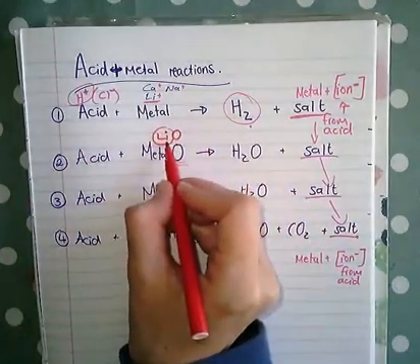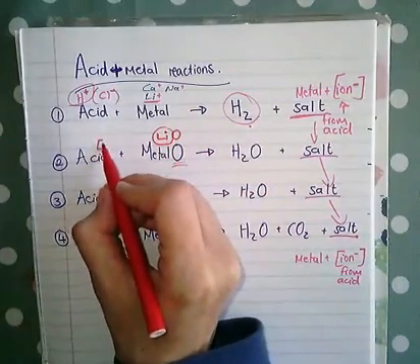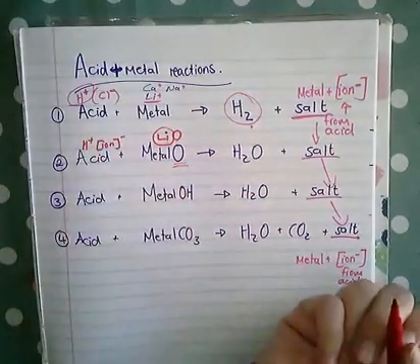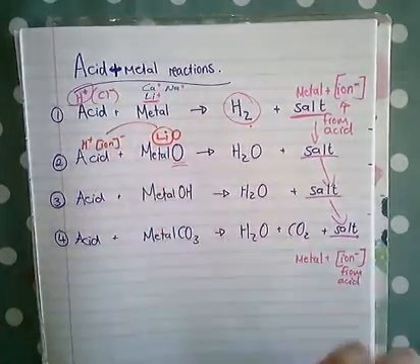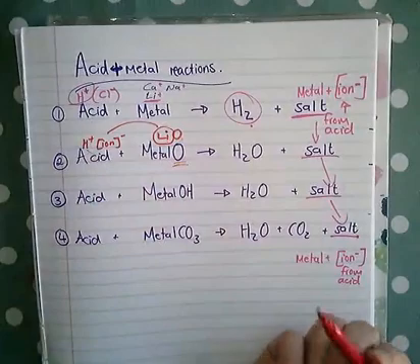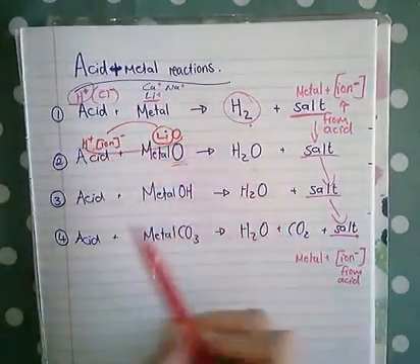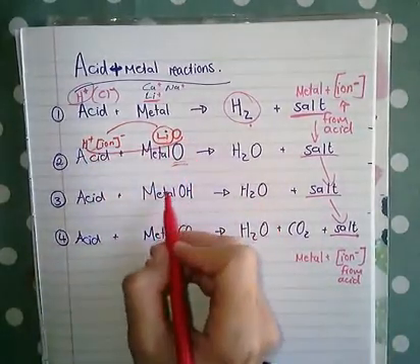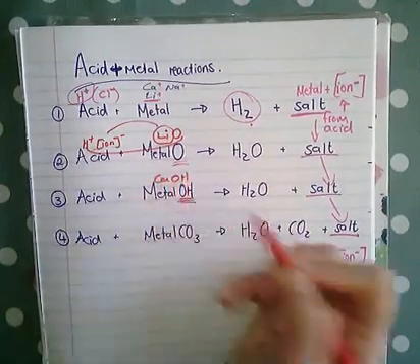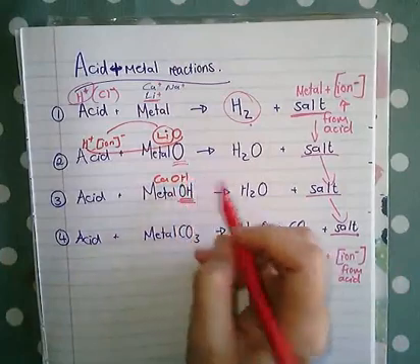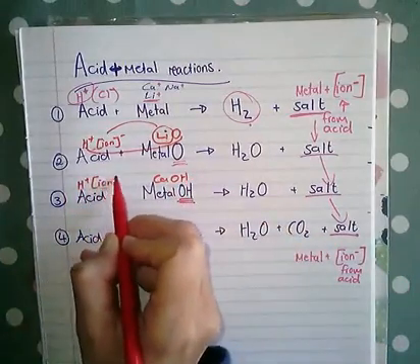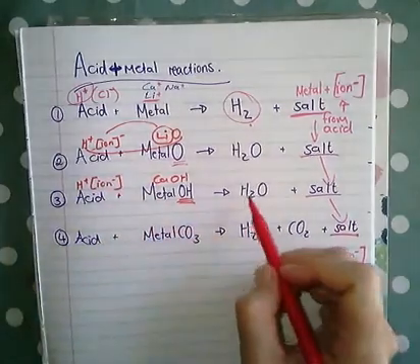Those two will form the salt and these two form the water. Here again, with a metal hydroxide like calcium hydroxide, for example, the acid is always a hydrogen with a negative ion. So this and this together will form water, and this negative ion and this metal together will form the salt.